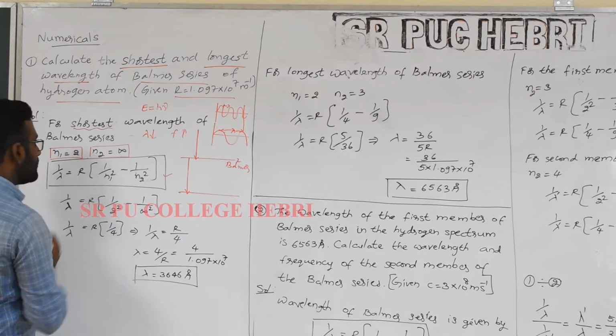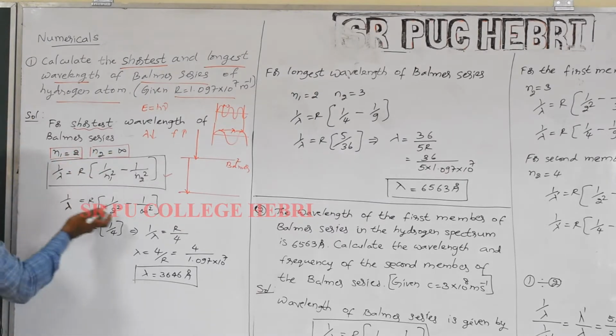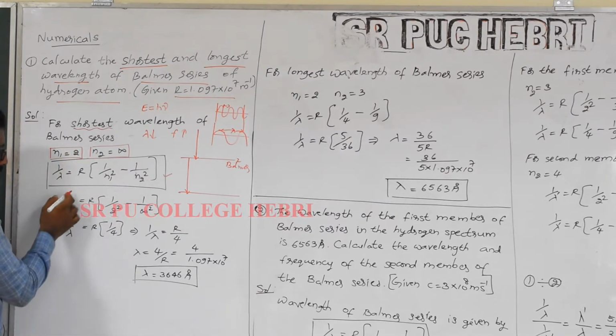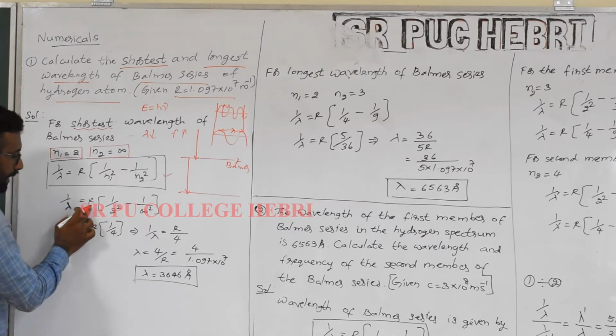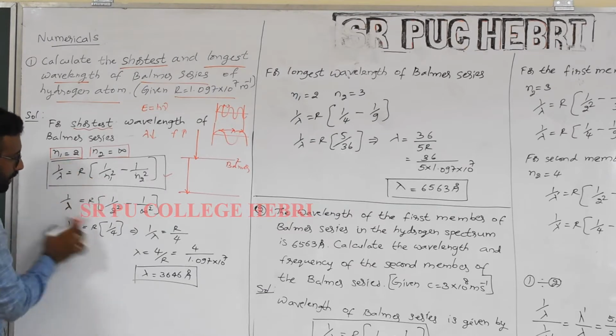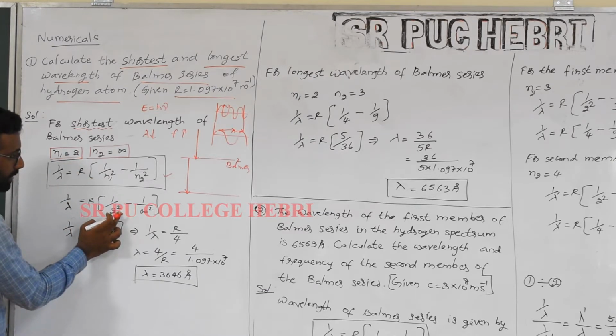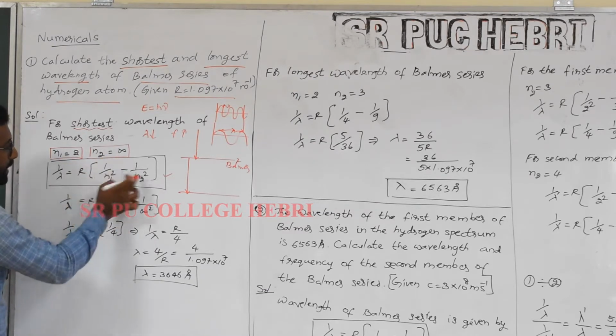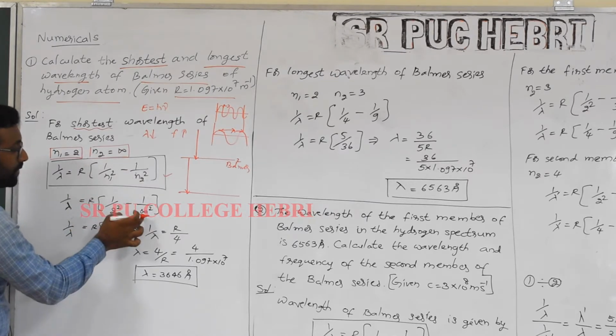We will substitute these N1, N2 in this equation. What do you get? 1 by lambda is equal to R into 1 divided by 2 square, minus 1 divided by infinity square.